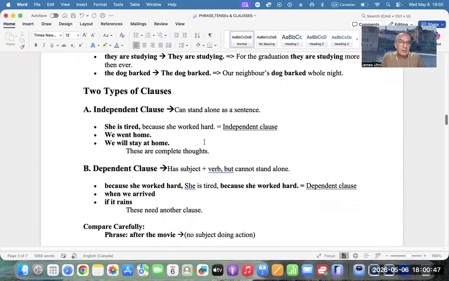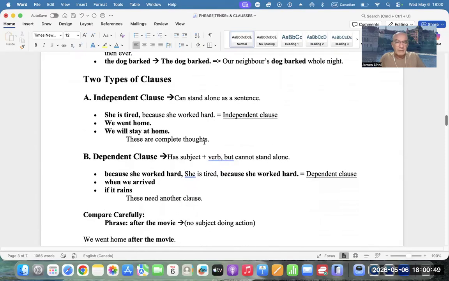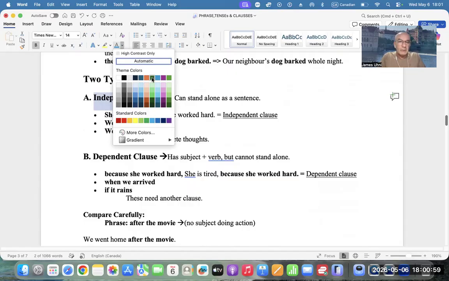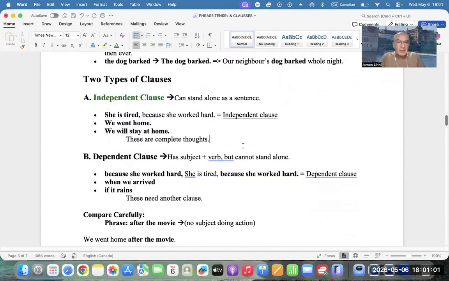So there are two types of clauses, and here I will use color again. Independent clause, and let's make it green. I like green. It can stand alone as a sentence. She is tired. This is an independent clause.